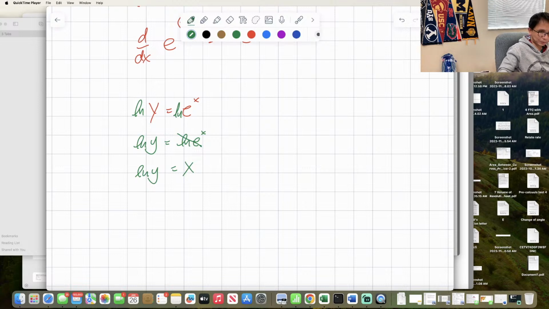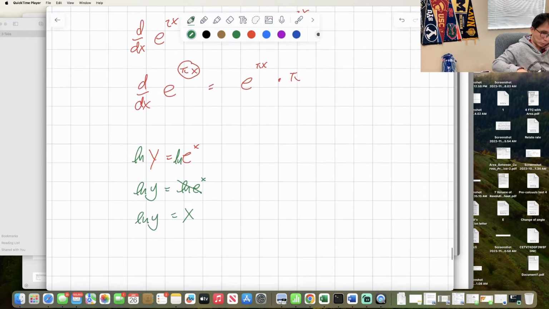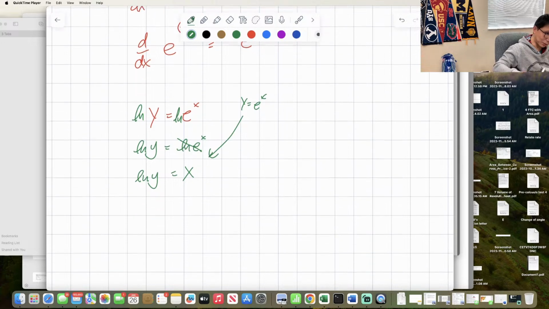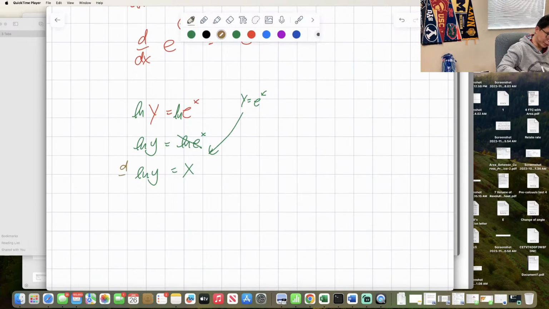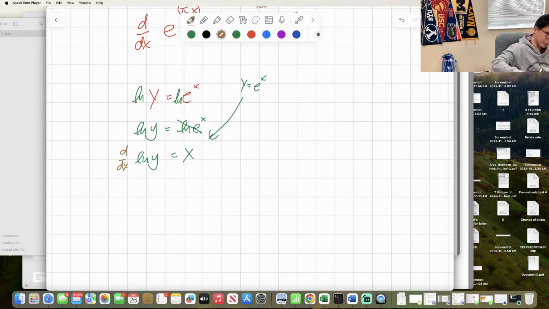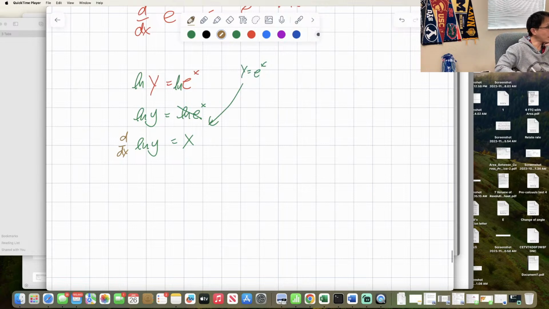So I rewrite y equals e to the x as natural log of y equals x. They're the same exact thing. Now I'm going to take a derivative. Because we are taking a derivative of y, we're going to take the derivative of natural log of y equals x. What's the derivative of natural log of y? Good job, Shevin.